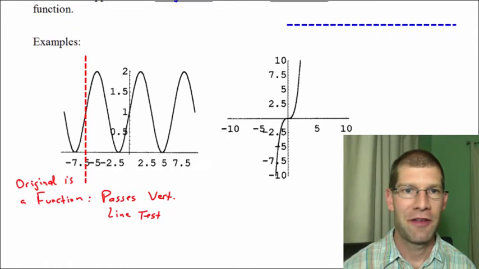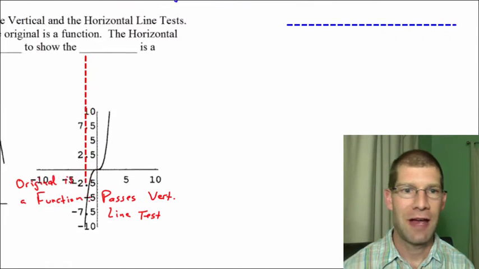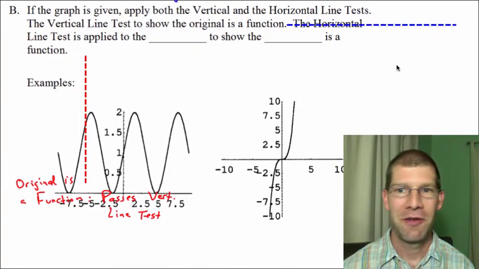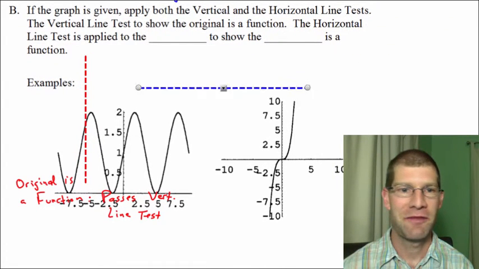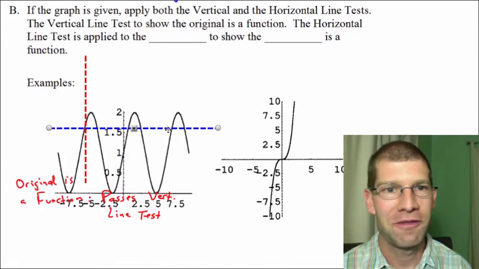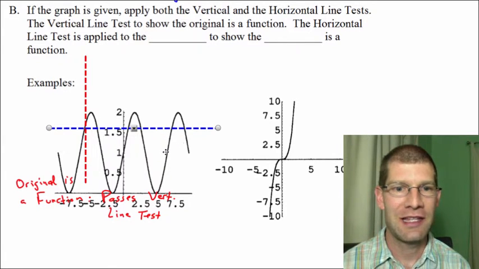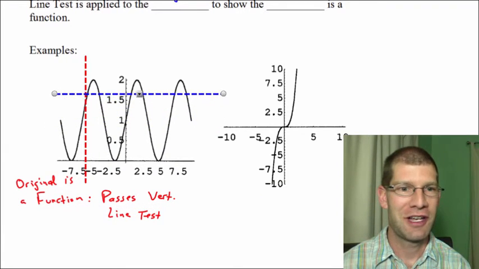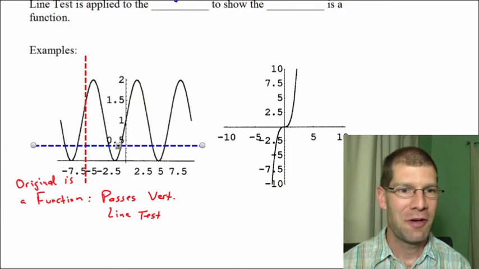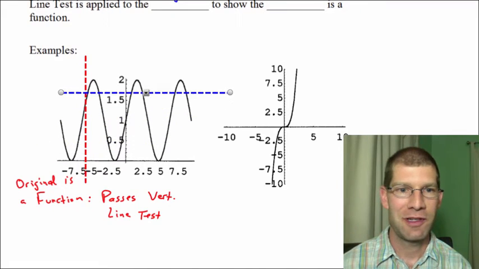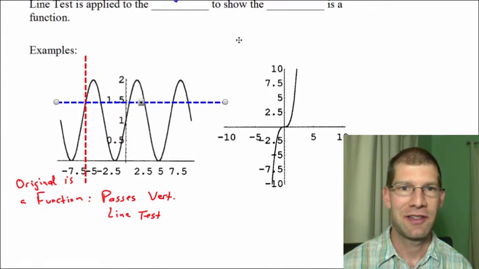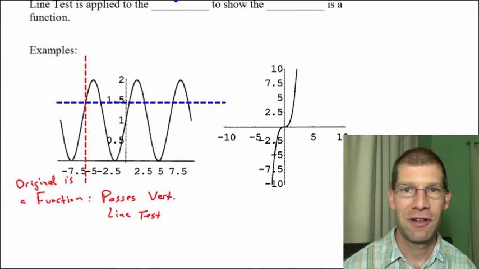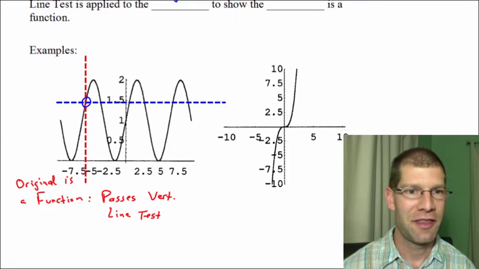Now if we wanted to check out the inverse, I want to check if the inverse is going to be a function. You could go through all the work of finding the inverse, but it's a whole lot easier to just grab your horizontal line. Well, does a horizontal line hit it more than once? Yeah, it's at all kinds of places. If you have this horizontal line here, it hits it there, and there, and there, and there.